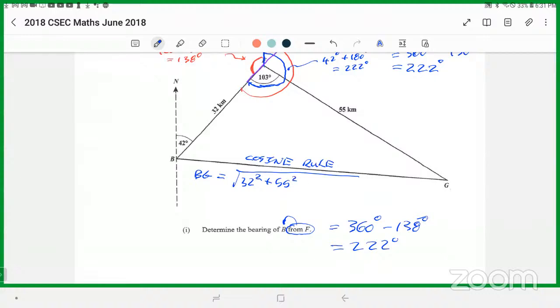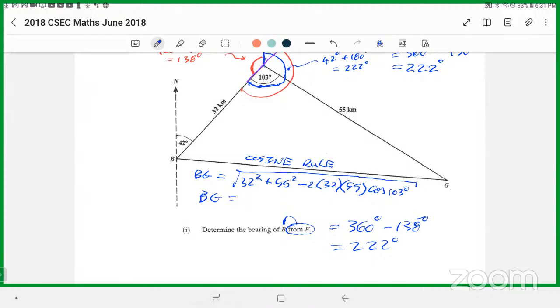But it's not a hypotenuse, so you have to subtract a piece. It's 2 times 32 times 55 times the cosine of the angle between them, which is 103 degrees. Everything is under the square root sign.